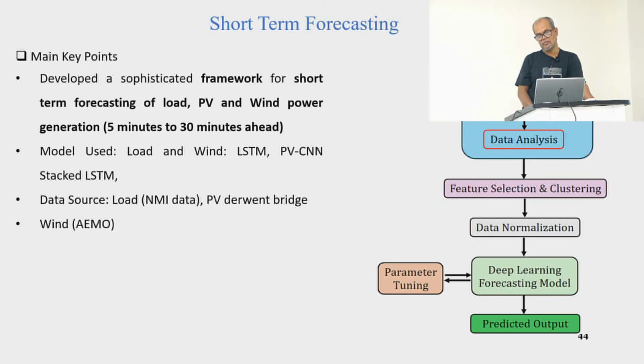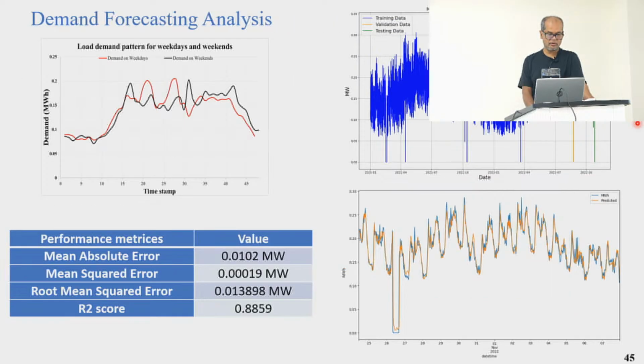Again, I'm not going to discuss this, because any machine learning tool you use, you follow the same steps: input data cleaning, feature selection, clustering, and sometimes also a hybrid approach, where one algorithm tunes parameters for the others to improve the performance.